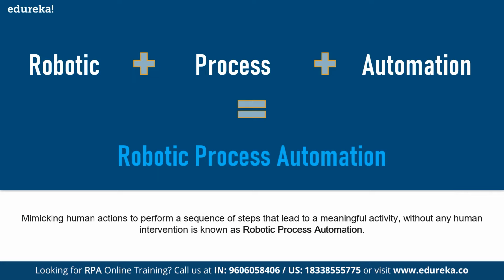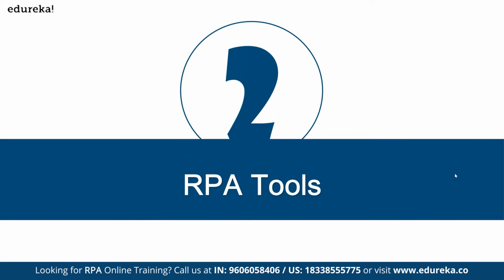So they are using us in a repetitive process. We are humans, so why can't they use us in some challenging environment? If you have RPA, they can use the manual resource for innovation tasks, where human intelligence is required, right? So this is what RPA is, robotic process automation.